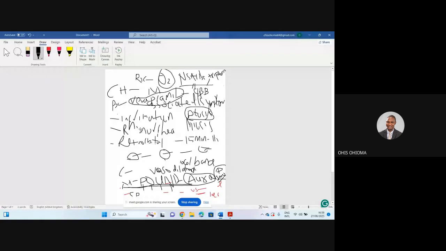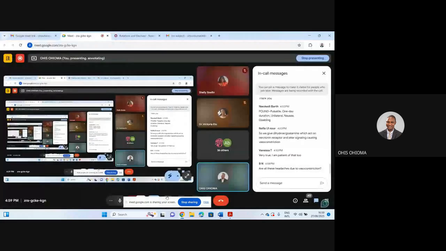But for the others, it's not really a main factor. Vasoconstriction does not really play any role in tension and cluster headaches. Migraine is the only headache where there has been documented evidence that vasoconstriction plays a role.